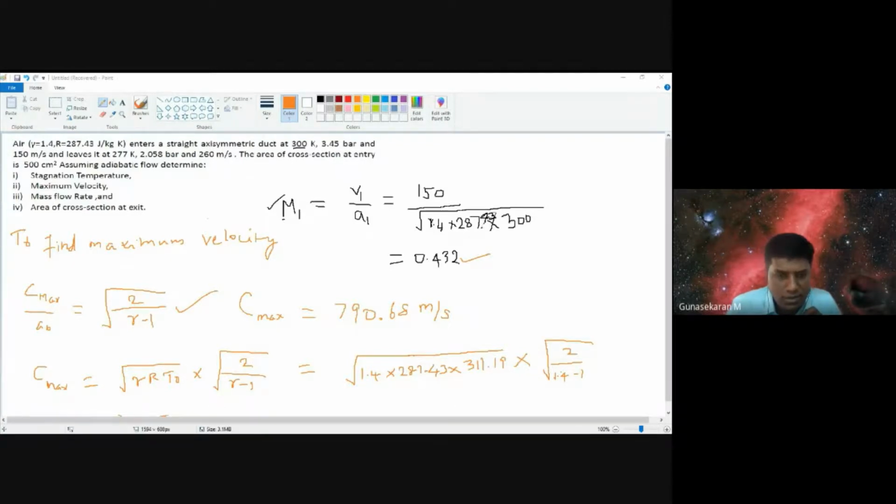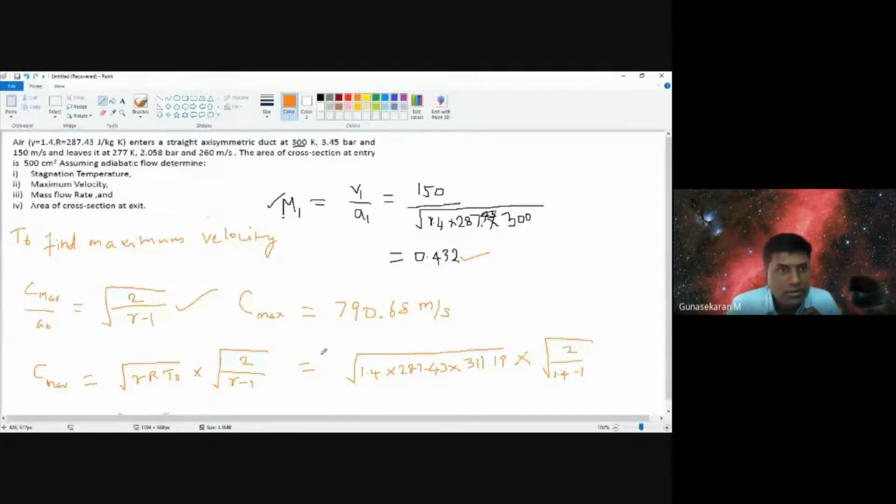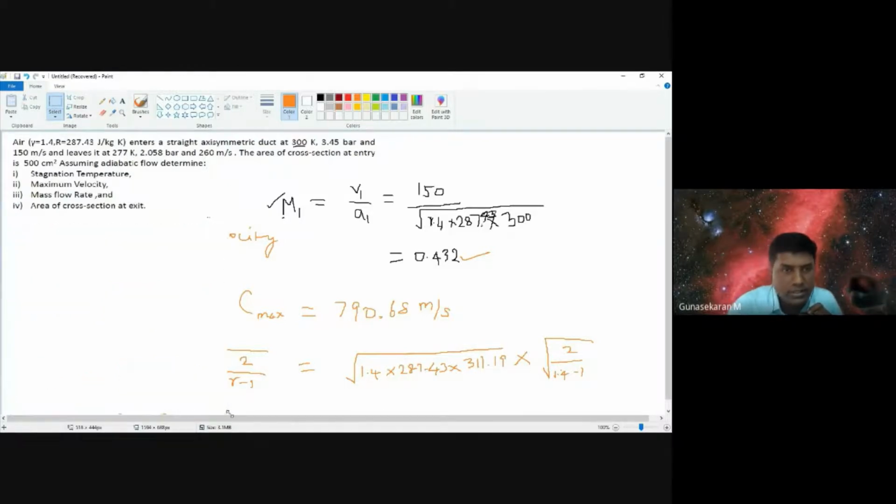So we got the second value. Now let me go for the third one, which is the mass flow rate.